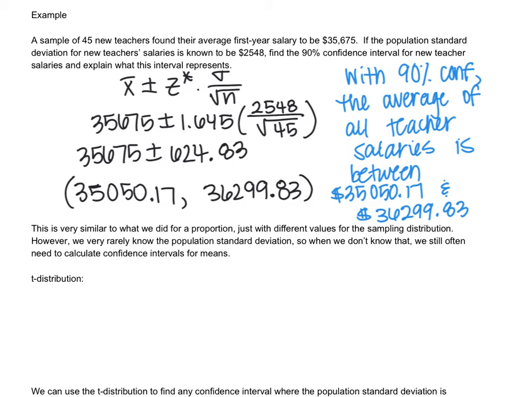However, we will rarely know the population standard deviation. So we don't know that. We still have to calculate confidence intervals, but we'll have to use a different type of distribution. So instead of having a Z critical value, we have something called a T critical value. We use something called a T distribution.